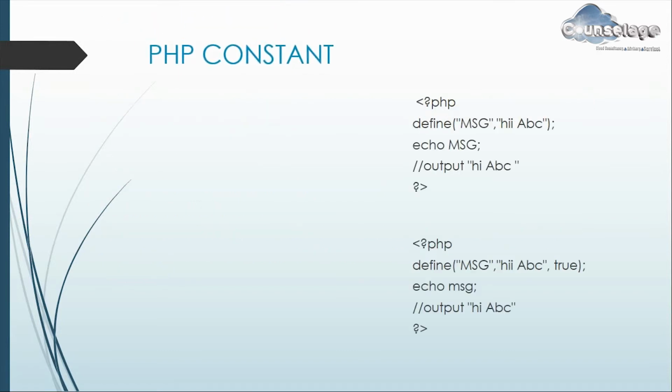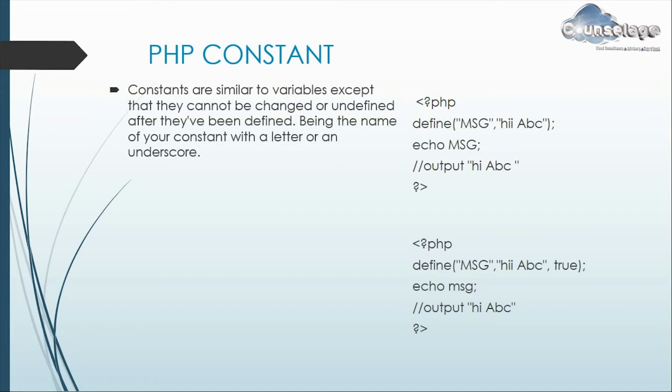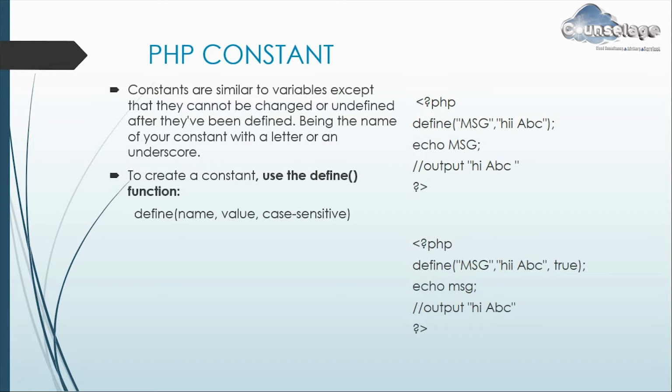Now comes PHP constant. Constants are similar to variables except that they cannot be changed or undefined after they have been defined. Begin the name of your constant with a letter or an underscore. To create a constant, use the define function. The define function has the following parameters.